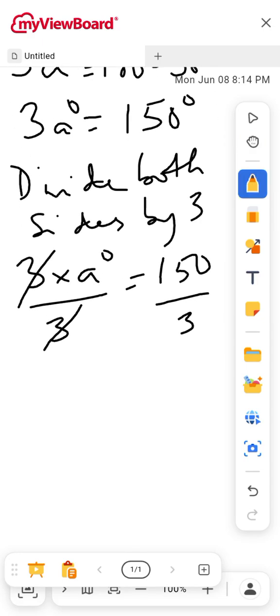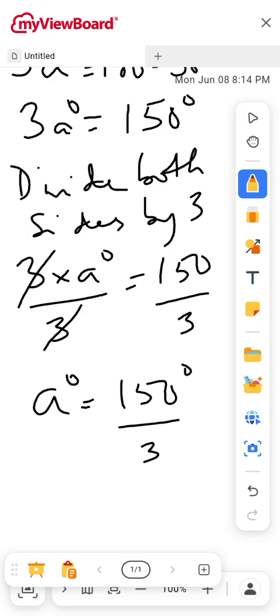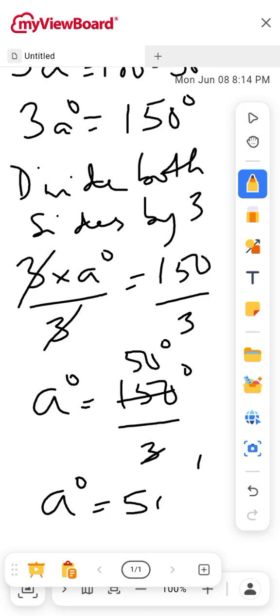So our A will now be 150 degrees over 3. A equals 3 goes into 15 five times, 0. A will now be 50 degrees.